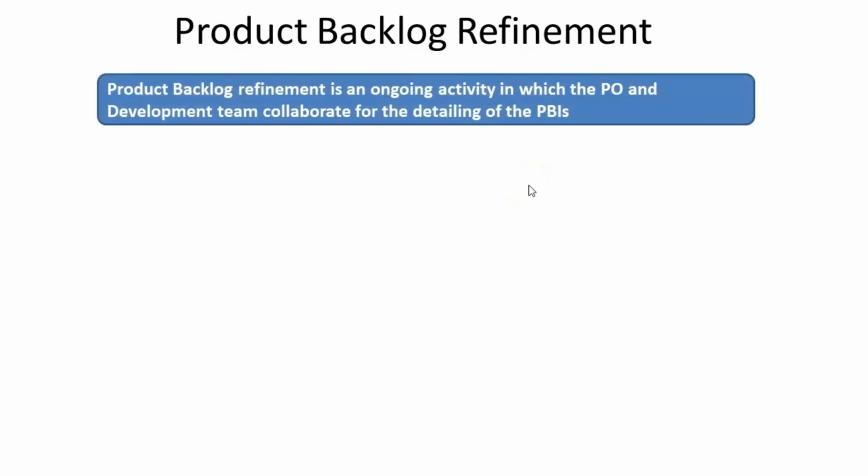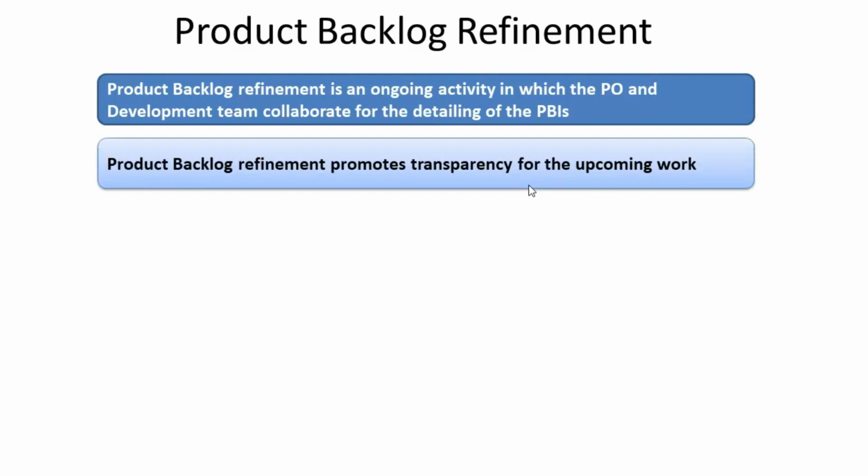The product backlog refinement is an ongoing activity that involves updating and improving the product backlog, ensuring that the topmost product backlog items from the backlog are detailed and ready for the upcoming sprints. Both the product owner and the development team collaborate to refine the product backlog items.